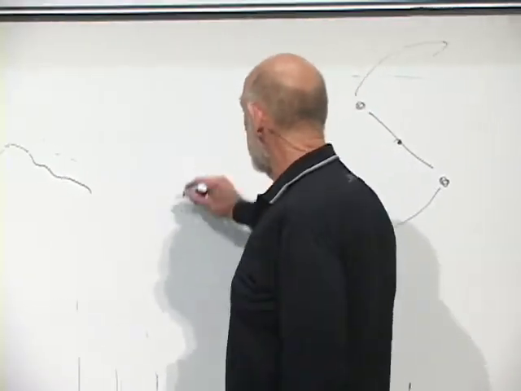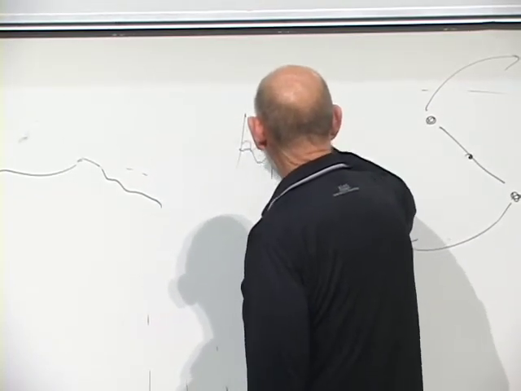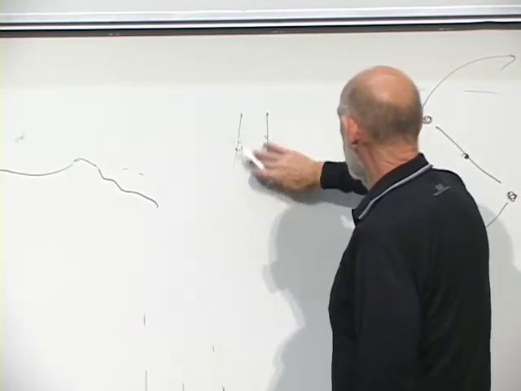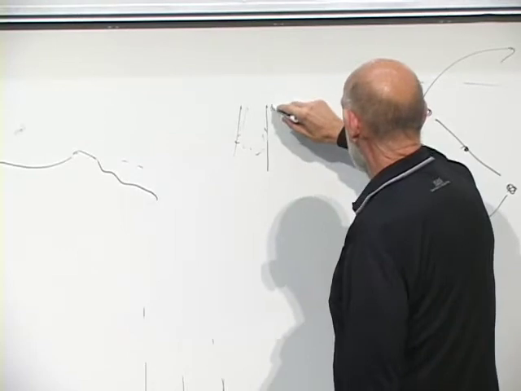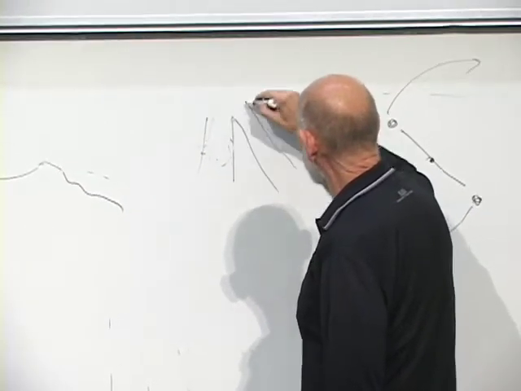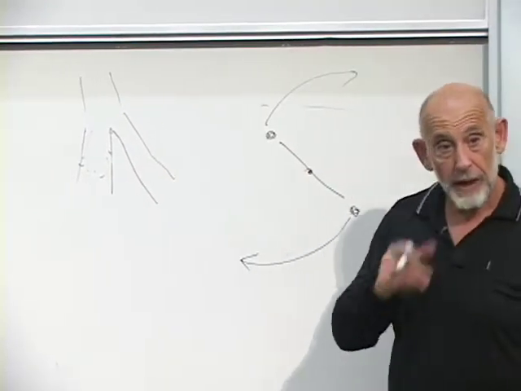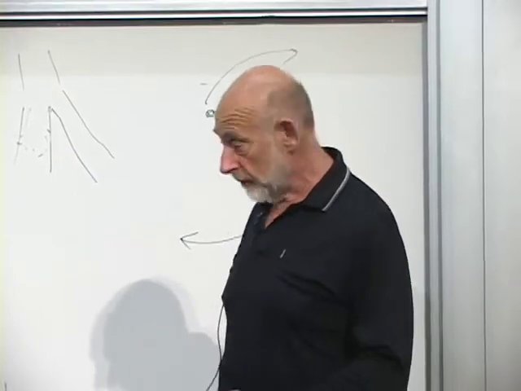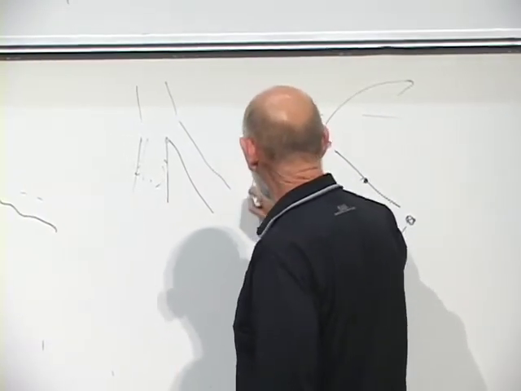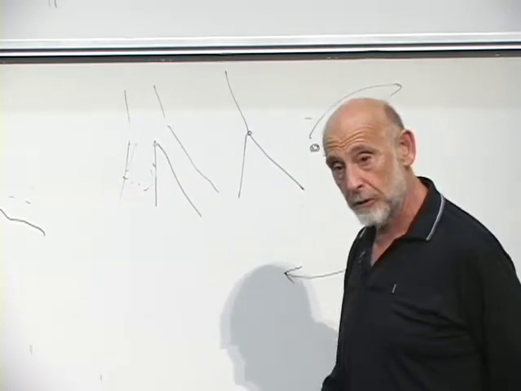And what it does is it takes a pair of strings. Here's a pair of strings moving along in space-time. Upward is time. There's a string. Here comes another string. Their endpoints meet at this point, and they join together to form a single string. That's the analog in string theory of what in quantum field theory is the vertex, where two particles come together and join and make a third particle.